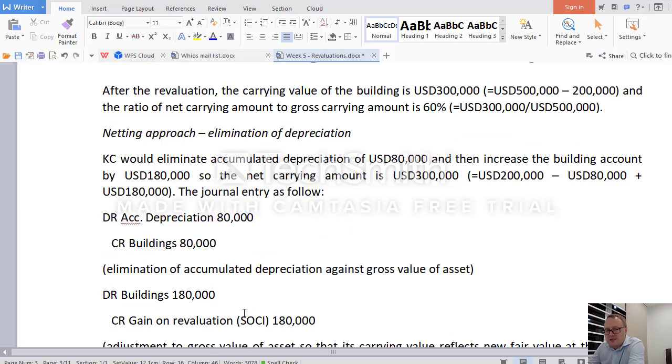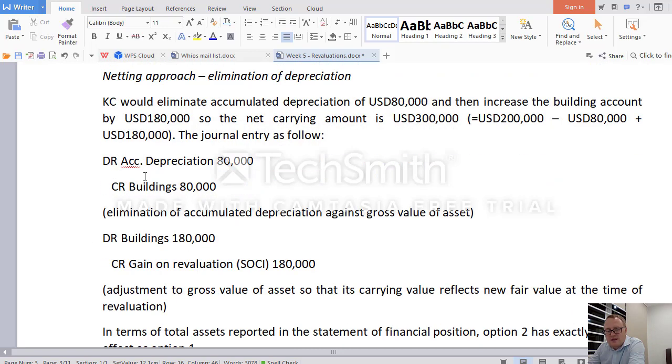And that's it. Then these two entries, this entry and this entry, you can combine, and what can you say? You can say debit accumulated depreciation 80,000, then credit is bigger than debit, so debit buildings 100,000, and credit gain on revaluation 180.